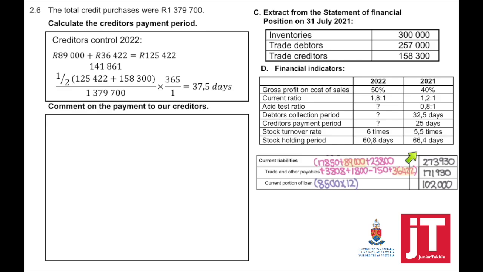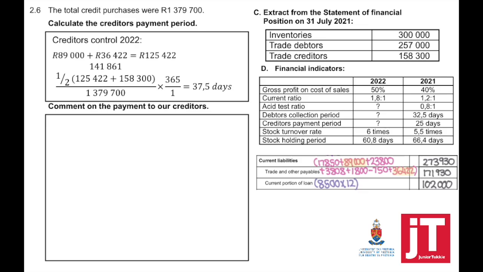Now we can take the balance end of last year, the balance end of this year, so we need to add it together, divided by 2 to get the average creditors. Once we've got the average creditors, we're going to divide it by the credit purchases times 365.